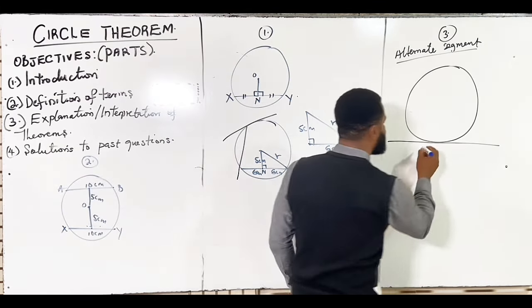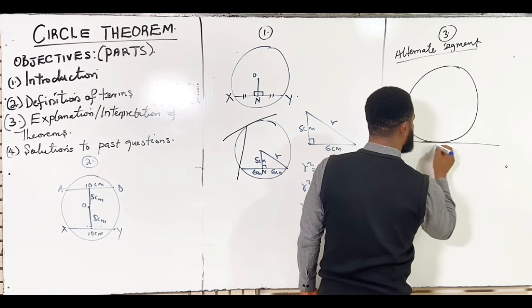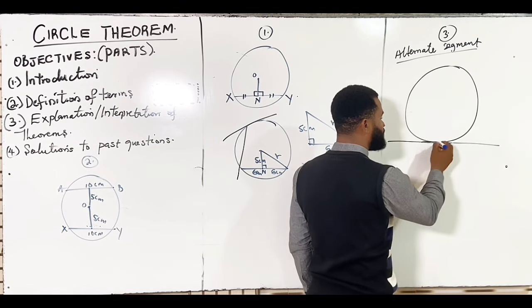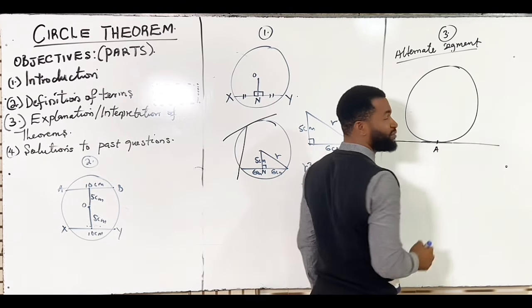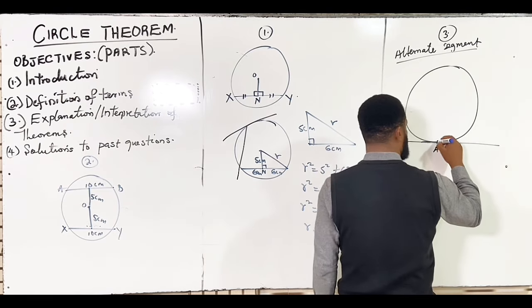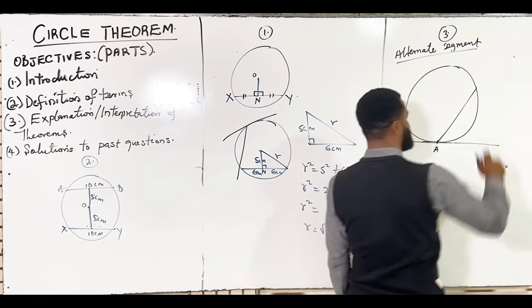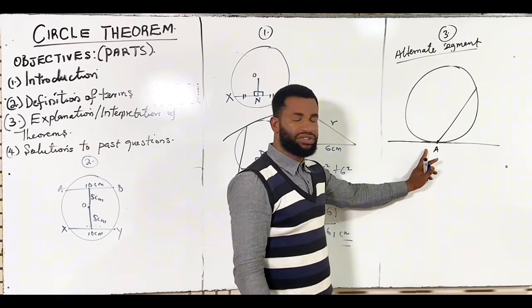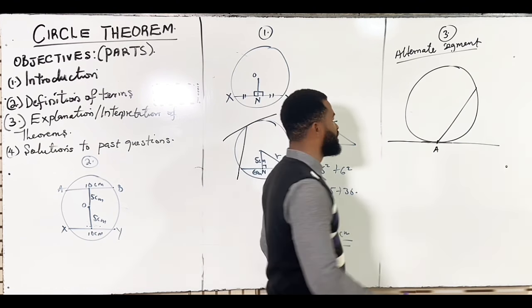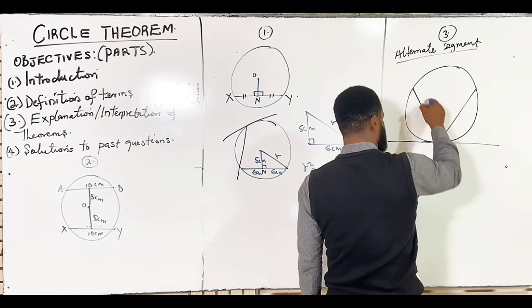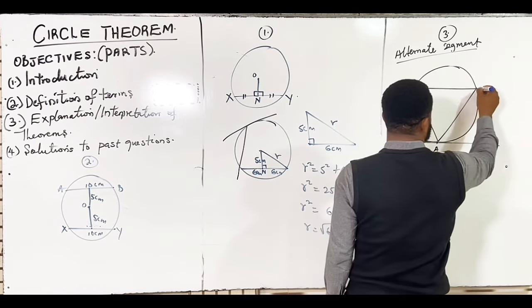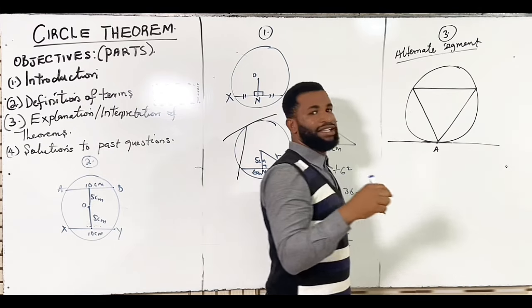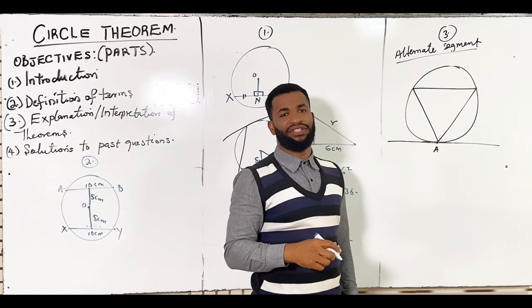If you have a tangential line which passes through one point and makes a point on a circle, then a chord is drawn from that point of contact with the tangent. Then you have a triangle inscribed in the circle.